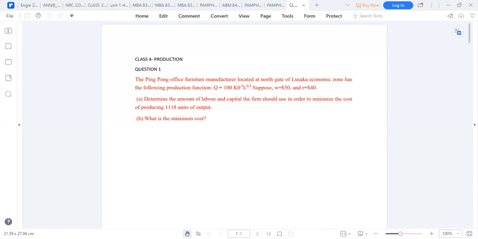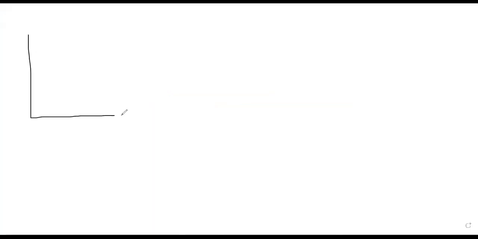Under production, you must understand that production is epitomized by what we call isoquants. These isoquants are downsloping curves which look like this. Isoquants are simply points that join together and offer the same output.